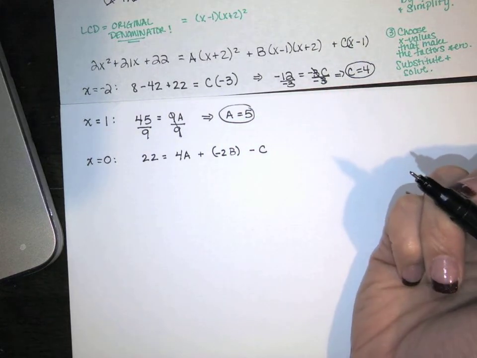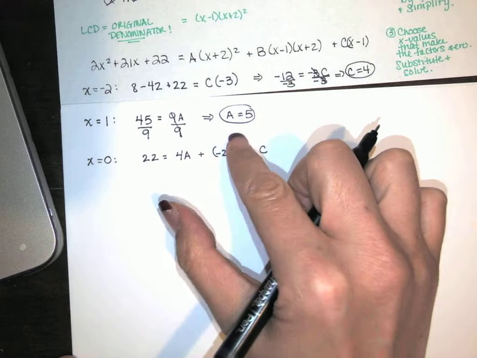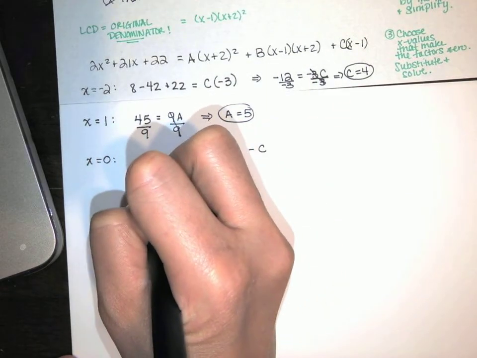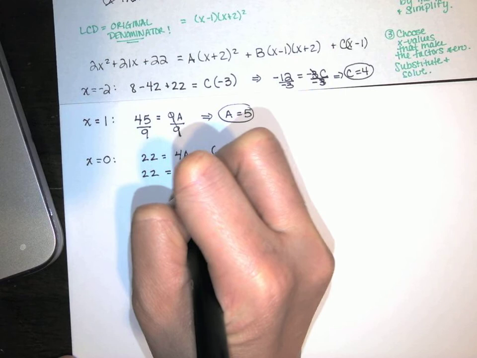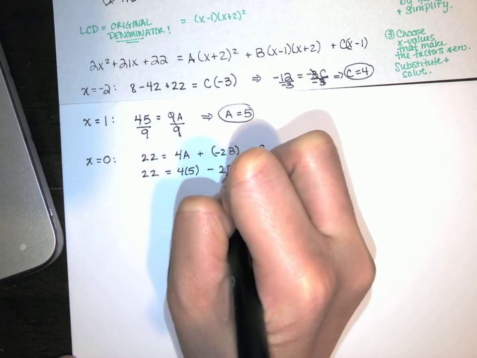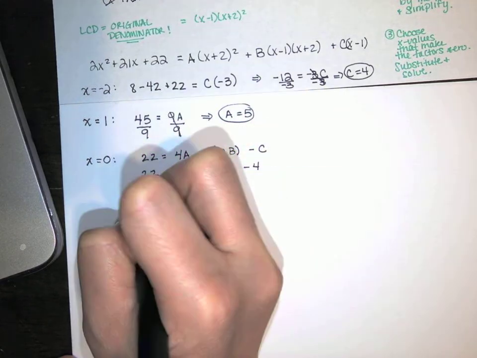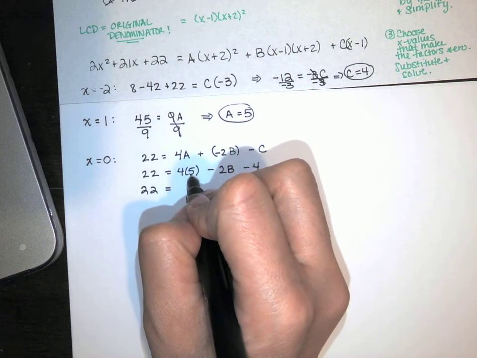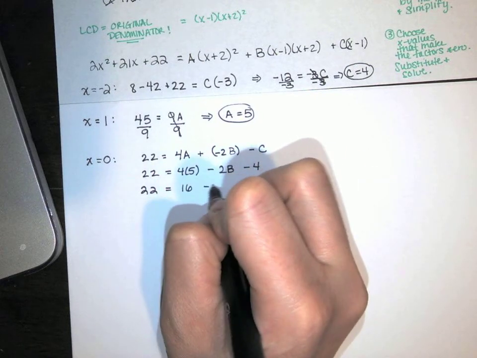So I've got one equation with 3 unknowns, but I already know what a is and I know what c is, so I can substitute those in. A is 5, and c is 4. So I've got 22 equals 20 minus 4, so 16 minus 2b.